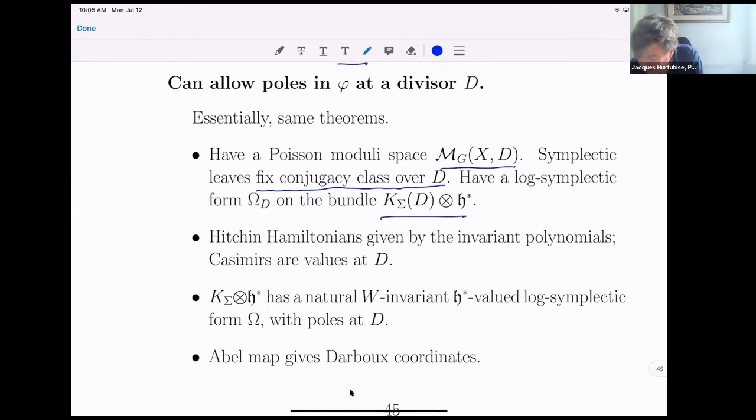And the Hitchin Hamiltonians, again, are given by invariant polynomials. The Casimirs, the functions whose Poisson brackets with everything vanish, are just the values of these polynomials over D. And again, you get a natural invariant H star valued log symplectic form. And again, the Abel map gives you these Darboux coordinates.